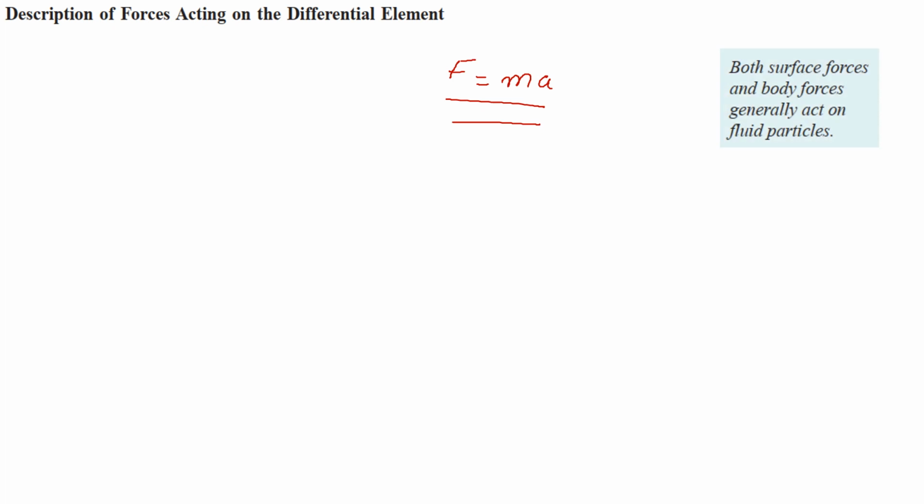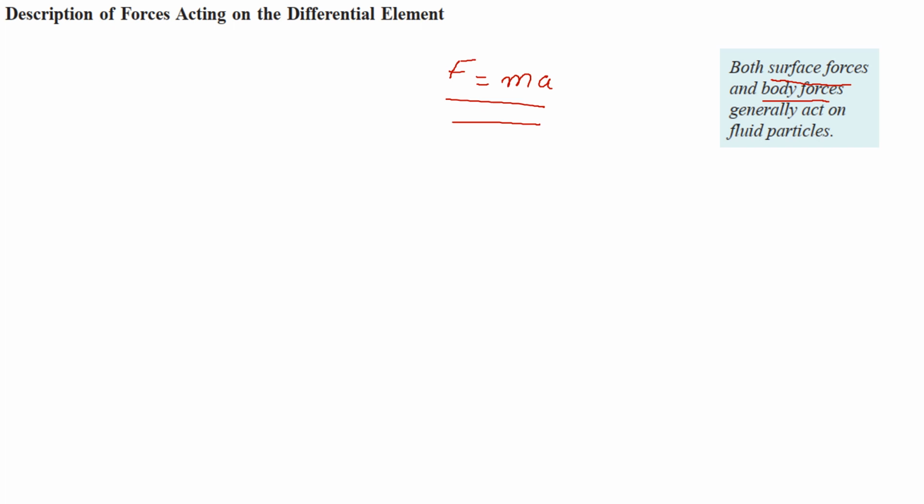Now let's see what the description of our forces will be when we talk about our equation of motion and we take the force, that is F equals ma, in terms of our body forces and our surface forces. Both the surface forces and the body forces generally act on a single fluid particle.